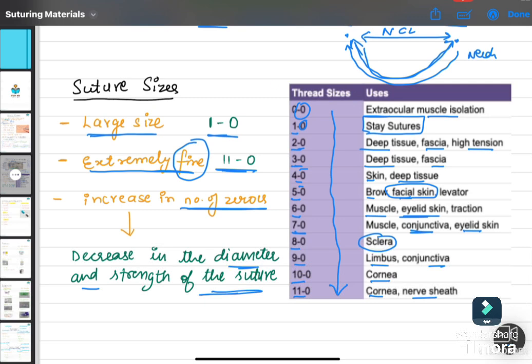So the important thing is to understand the very basic concept of what this numbering actually means.